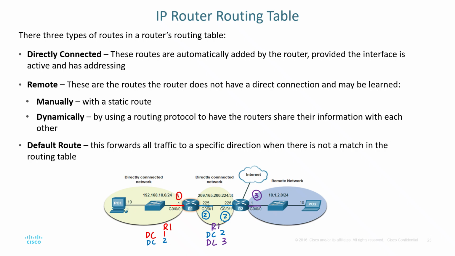Router two would get that information, and router two would say, oh, hey, I have a direct connection to network two, and I also have a direct connection to network three. So they would exchange information. Both of them would ignore the update that includes the 209 network because they both already know about it.